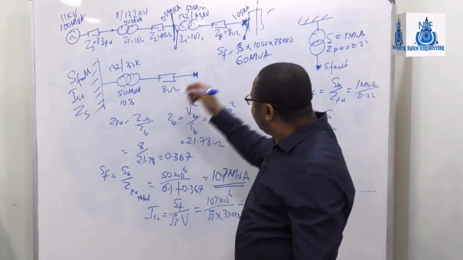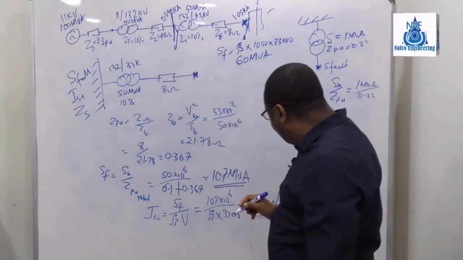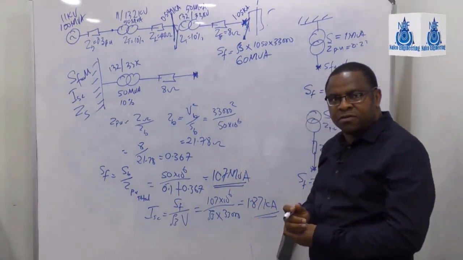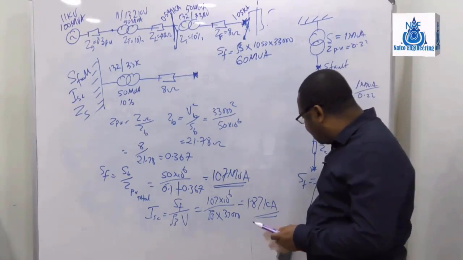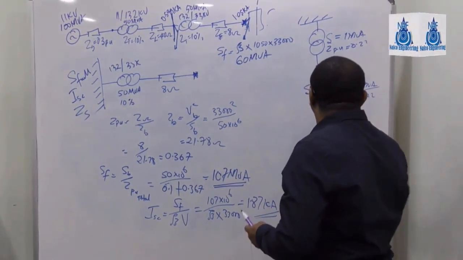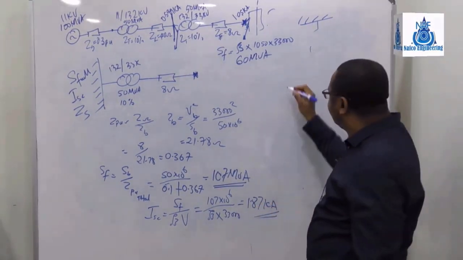All right. Another thing that you need to know is the short circuit rating of a cable. Can you see now that this cable here should be able to handle this amount of fault? Now, if I want to know whether this cable will be damaged or not, what I need to do is use this equation.